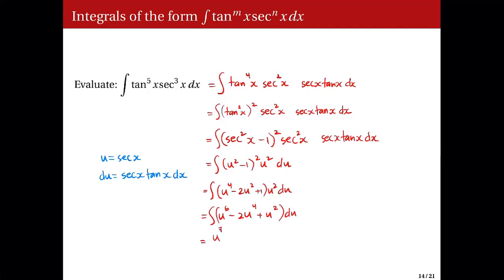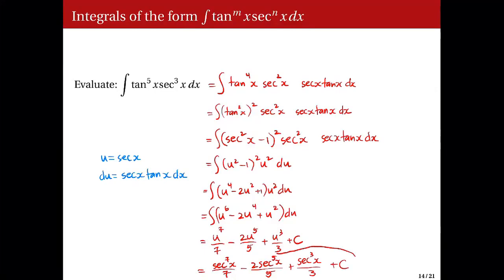So if we integrate, we will have u to the 7 over 7 minus 2u to the 5 over 5 plus u cubed over 3 plus the arbitrary constant c. And then finally, we will have secant to the 7 x over 7 minus 2 secant to the 5 x over 5 plus secant cubed x over 3 plus the arbitrary constant c. So this is the final answer.